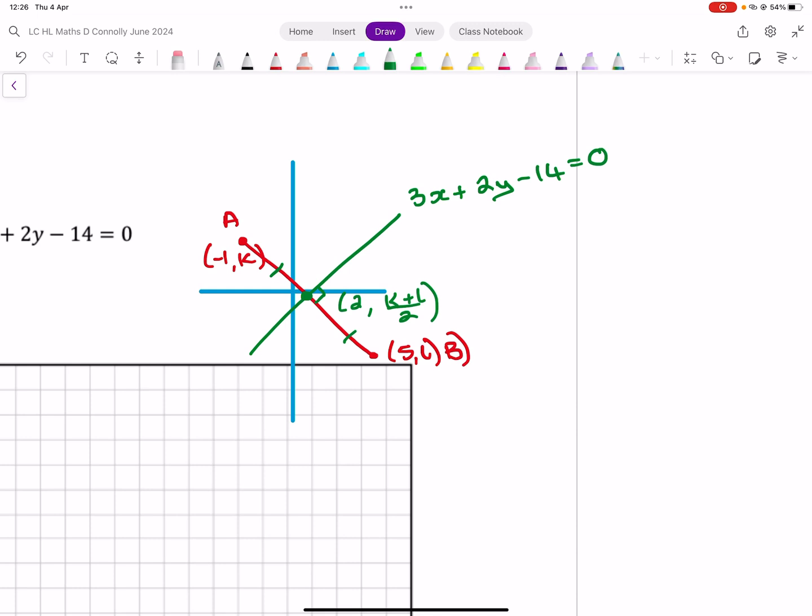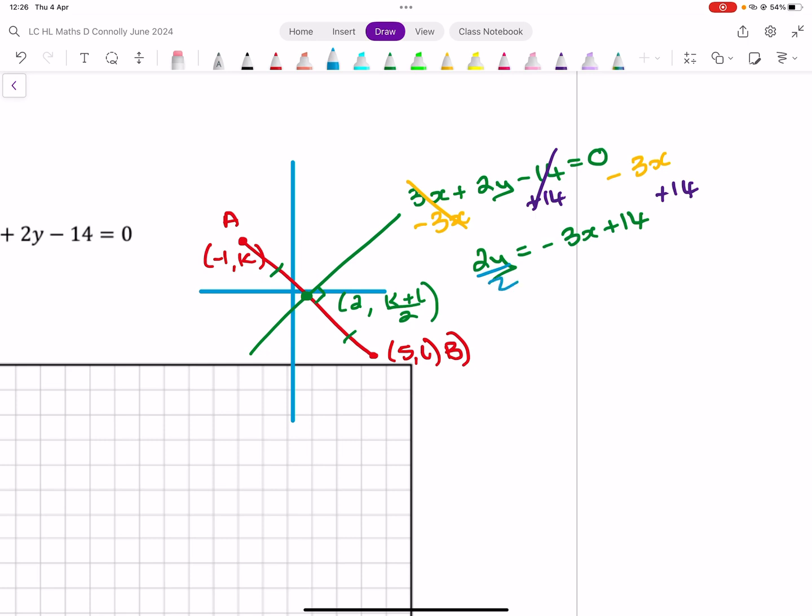If I rearrange it so that I can learn some stuff about it, I get minus 3x and minus 3x. I get plus 14 and plus 14. So 2y is minus 3x plus 14.